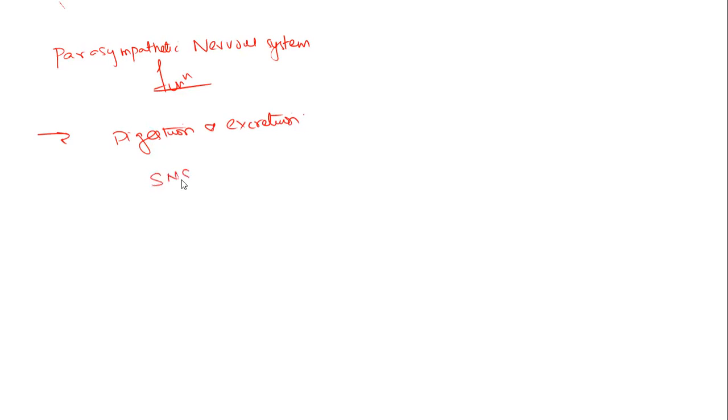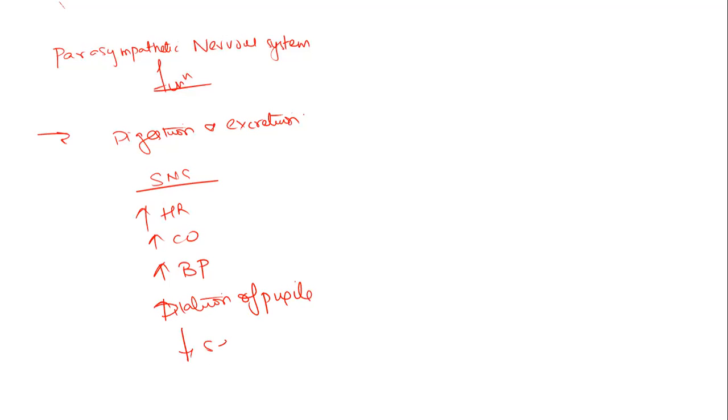So just for review sake, we have seen that in the sympathetic nervous system heart rate increases, there is increased cardiac output, blood pressure is more. You see dilation of pupils, and you see that there is decrease in secretions of salivary glands, right?